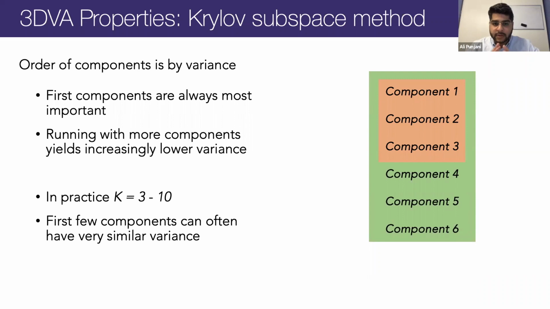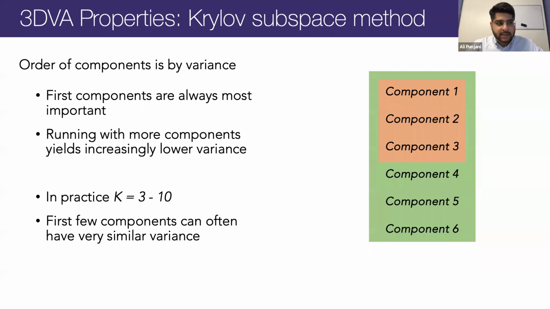So that means the first components to be solved will be the most important in terms of how much variability within the data set they explain. If anyone's familiar with PCA, principal component analysis, it's also a similar method and it has similar properties under the hood: if you take the most important principal components, those will explain the most variability in a data set. Similarly, with 3D variability analysis, the first components will explain the most variability.